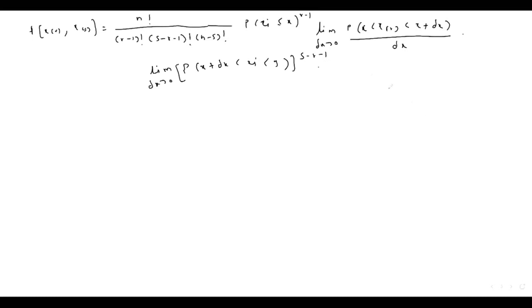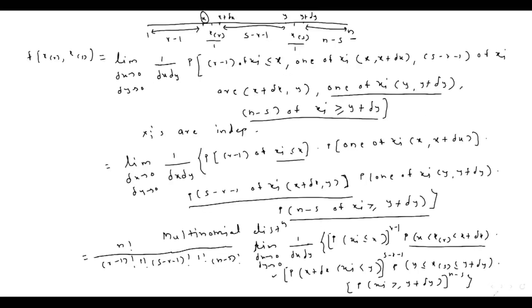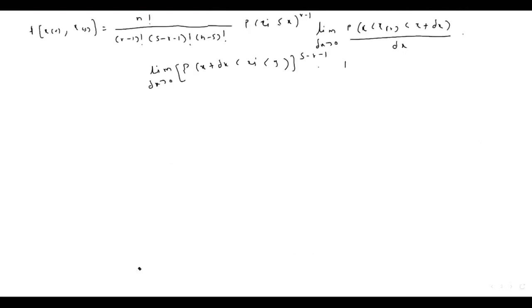Again, the next value is a single probability, and it contains delta y. So let me write this as limit delta y tends to 0.